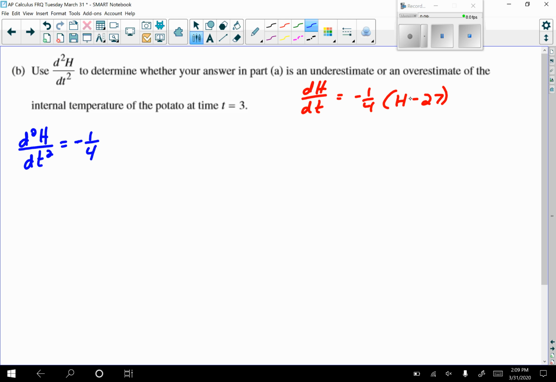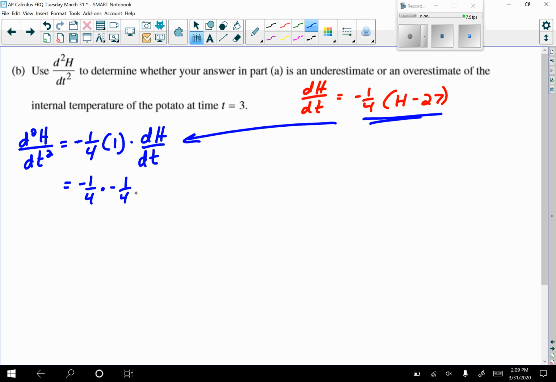The derivative of this part is just going to be a 1, but then we can't forget we need it times dh over dt because that's the derivative of h. It's sort of the derivative of the inside stuff of whatever function h is. So really, we just rewrite this part again in for the dh over dt. So this becomes negative 1/4 times the other negative 1/4 times h minus 27. So we get positive 1/16 times the quantity h minus 27.